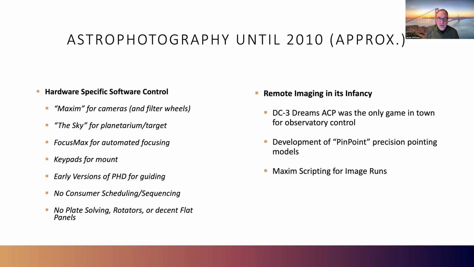But it had a lot of cool little tools like PinPoint for building out precision pointing models so that you could actually get your telescope pointed at what you wanted, even when you weren't physically there to fix things. It used mostly Maxim and scripting tools for getting imaging running. It wasn't exactly elegant, but it did work, and there wasn't a huge number of astrophotographers out there who needed a complete software package.